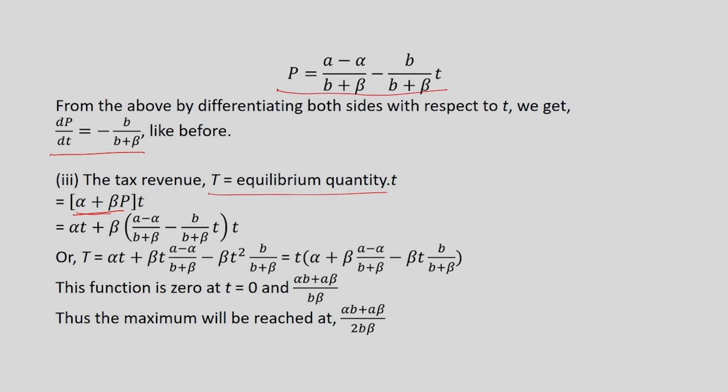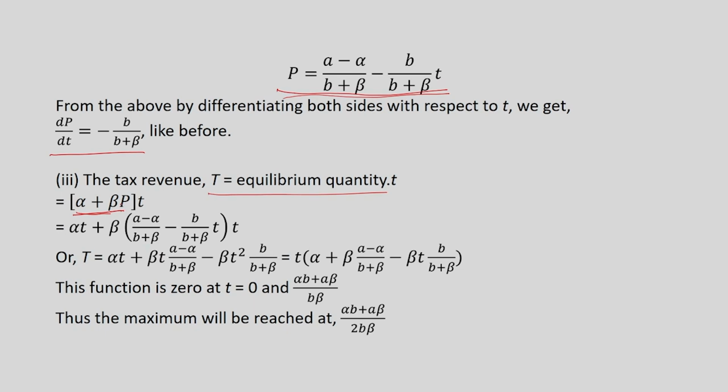Why is p the equilibrium price? Because I want to find out the equilibrium quantity that is being supplied and demanded, and that can be found only at the equilibrium price. So, the equilibrium price is already found. It is this that I have to use here.